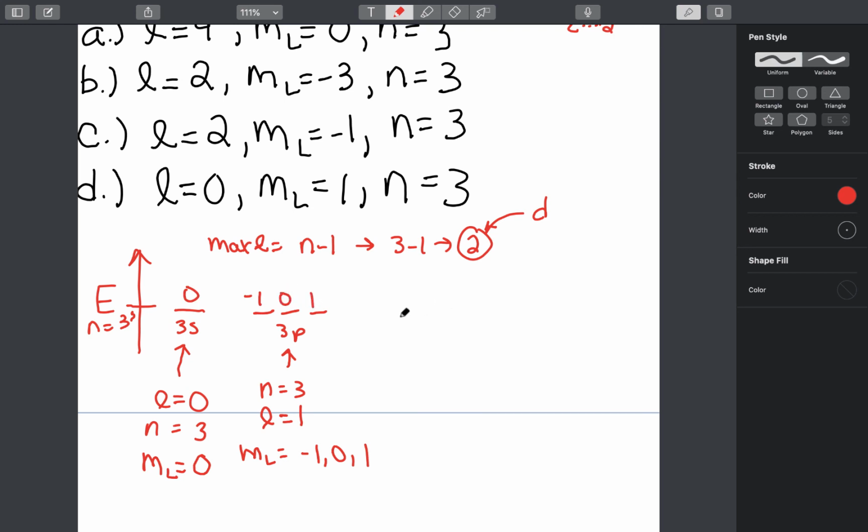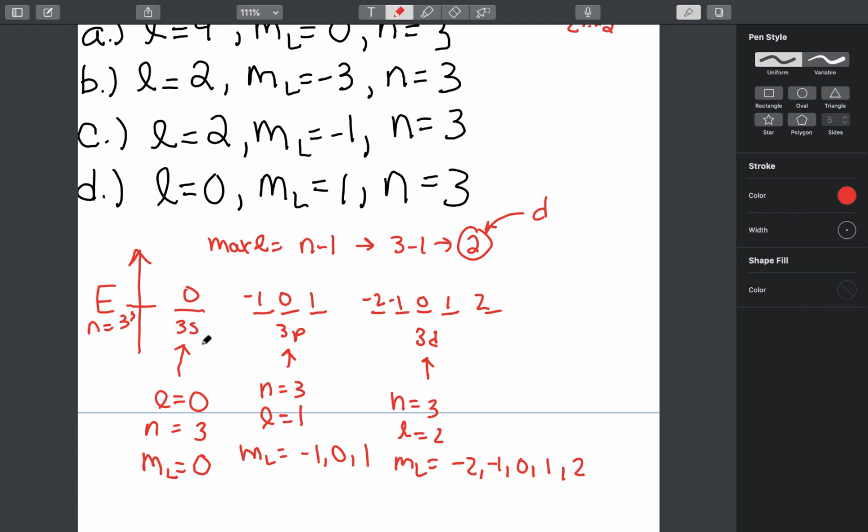And then the last bit is the 3d orbitals, which are 1, 2, 3, 4, 5. So therefore we get 3d, which corresponds to an energy level equal to 3, L equal to 2, and therefore our ML values ranging from -2, -1, 0, 1, 2. So let's label these here. So -2, -1, 0, 1, 2.